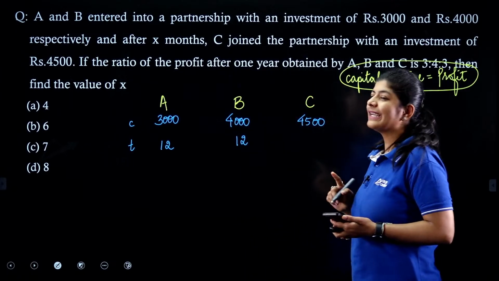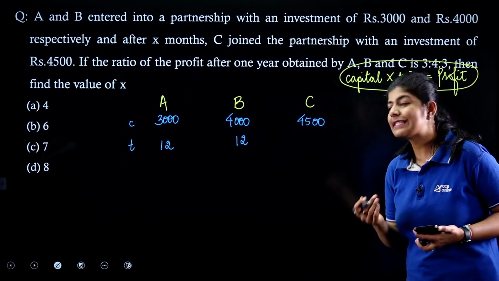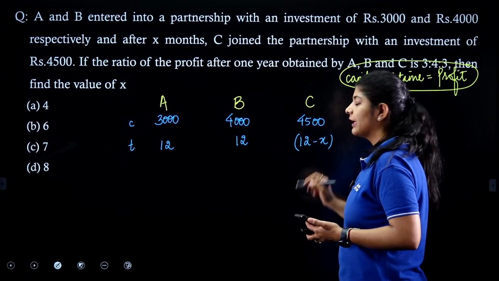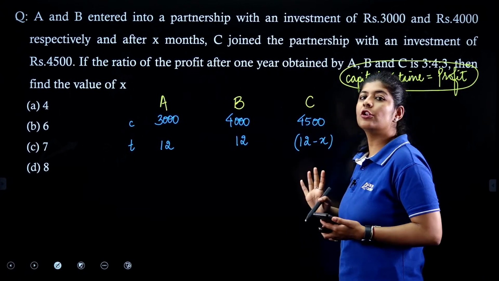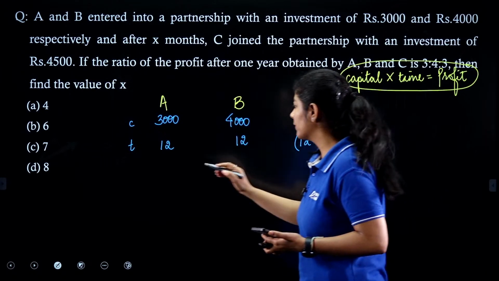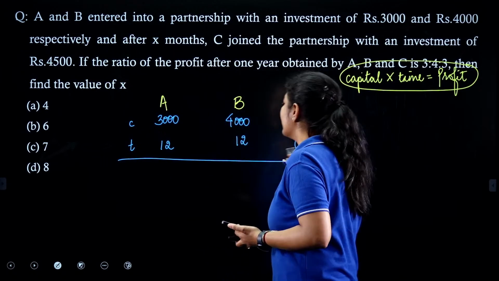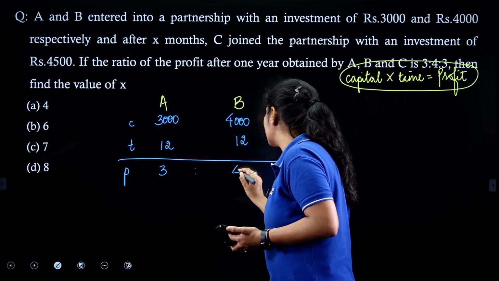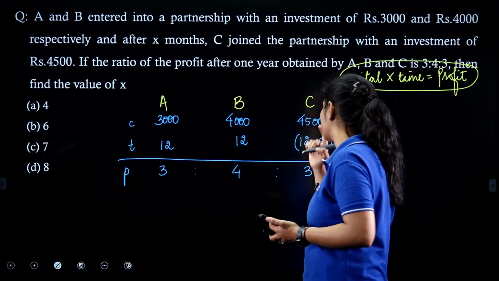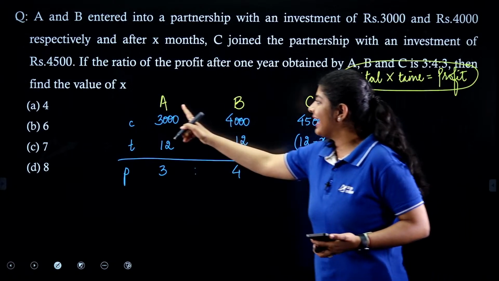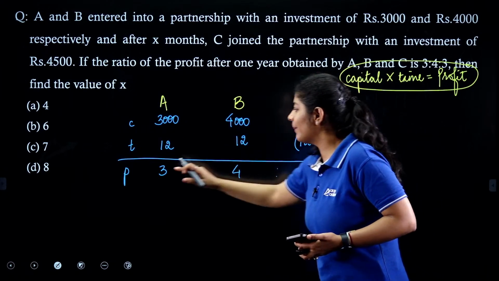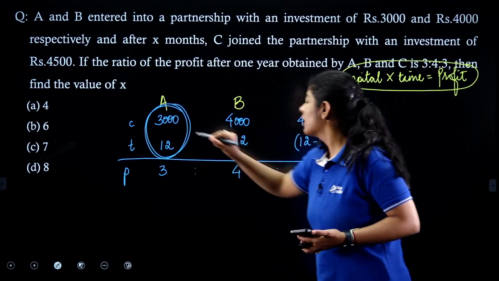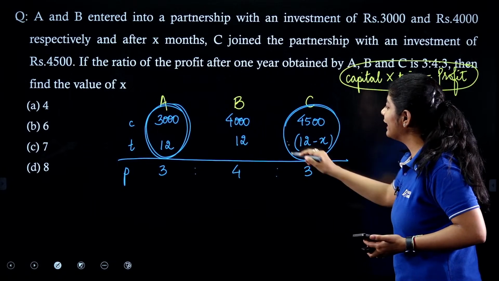The question says that after X months, C joined. So I can write 12 minus X for the months C invested his amount. In the end, they are getting profit in the ratio of 3:4:3. If A and C are getting an equal part of profit, that means the values of capital times time for both should be equal.